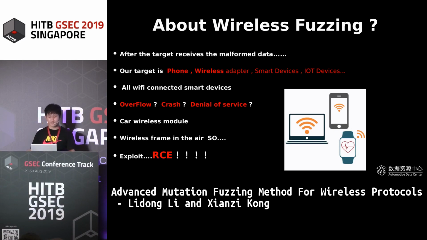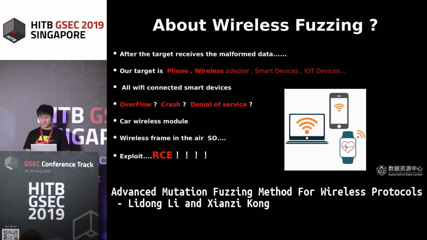About wireless fuzzing. Wireless fuzzing has many advantages. For example, no physical connection and no user interaction are required. No network connection is required as long as the target is running.